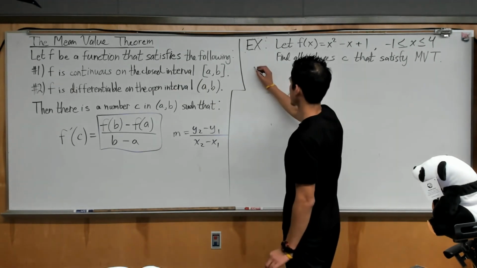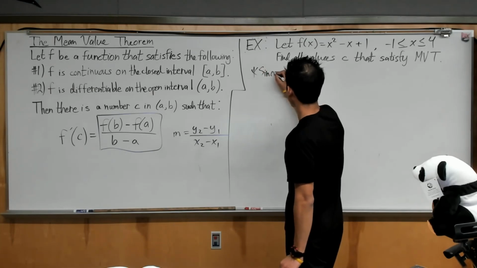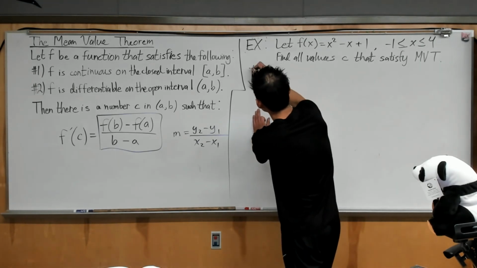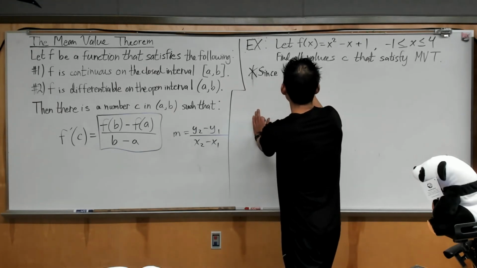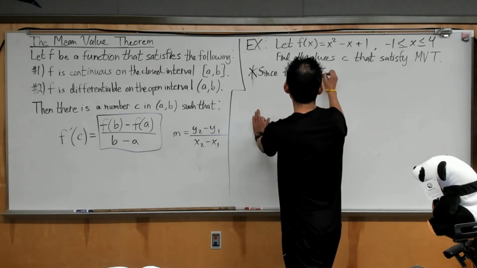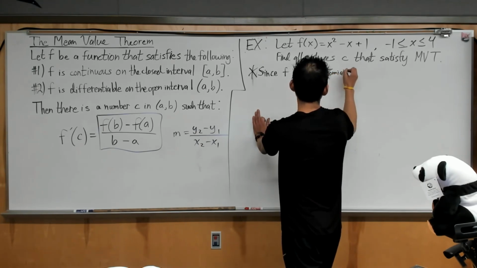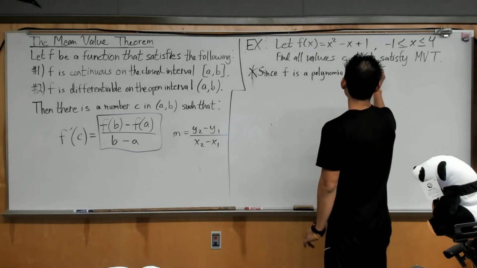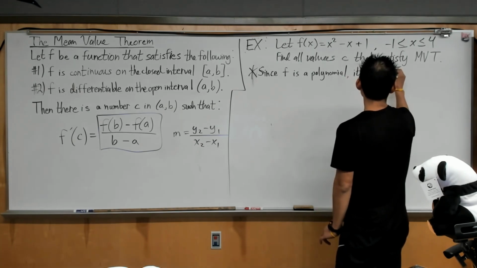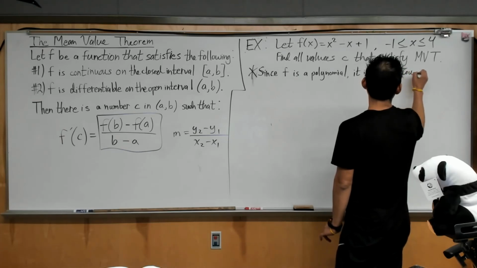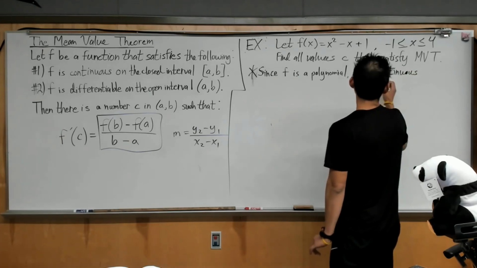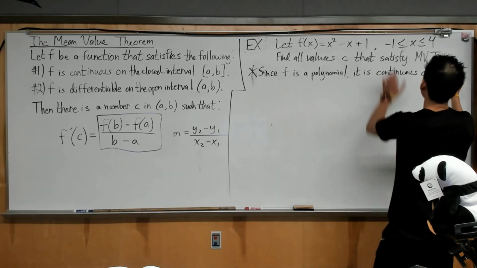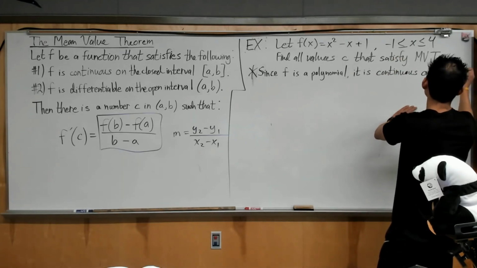So we can just say since f is a polynomial, it is continuous on -1, 4, this is a closed interval.